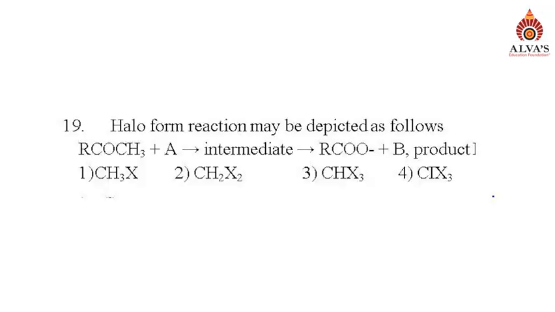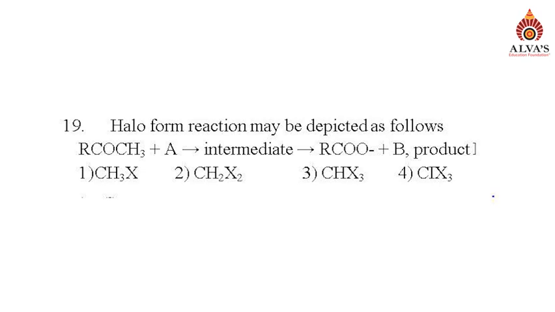Haloform reaction may be depicted as follows. RCOCH3 plus A gives intermediate. Further reaction gives RCOO minus plus B. The product is.